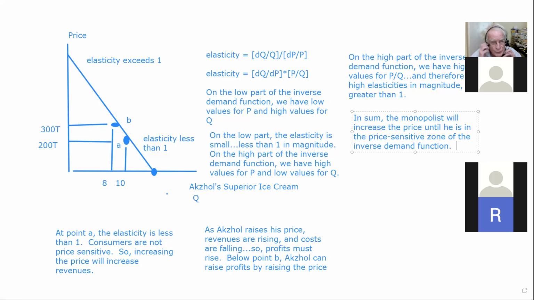And in that zone, the price elasticity is greater than 1, or at least 1 in magnitude. This is a point elasticity.